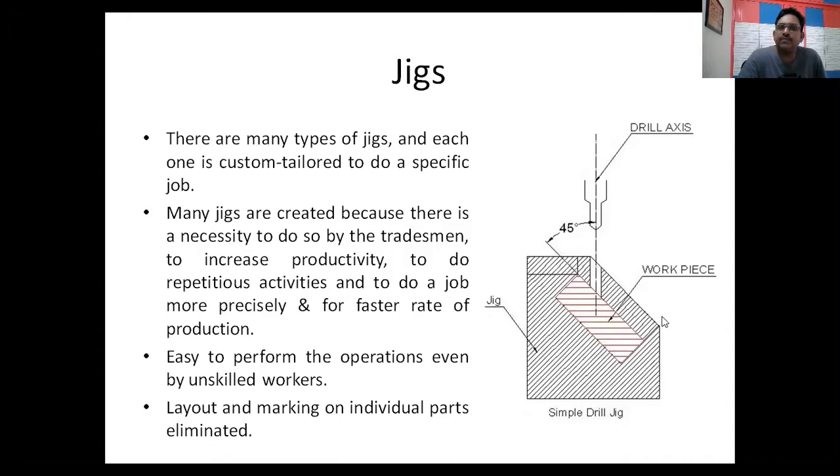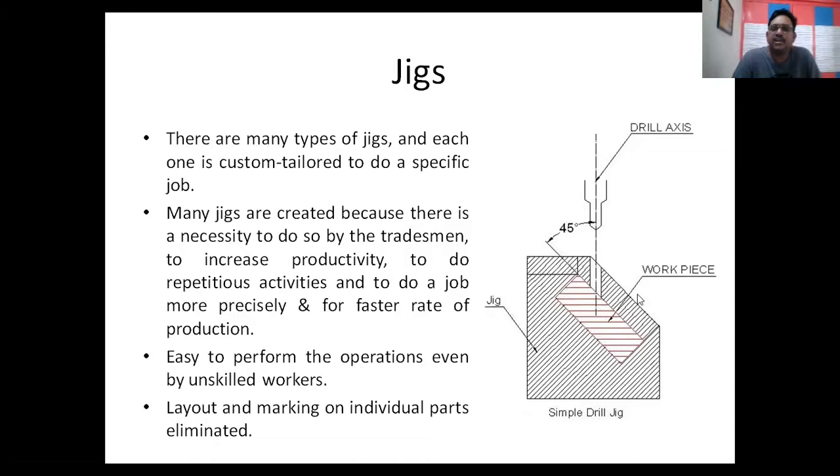For example, if the guiding tool is not there, then we have to insert this particular workpiece, we have to mark on this, and we have to make a drill here.